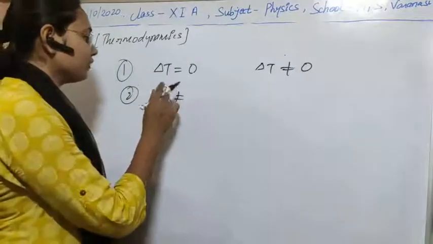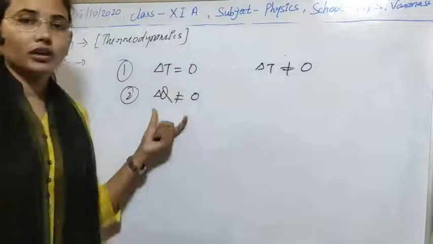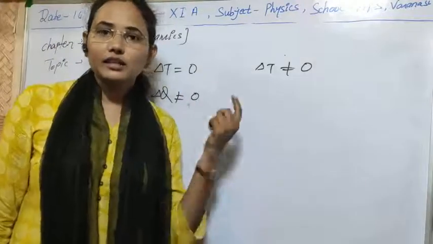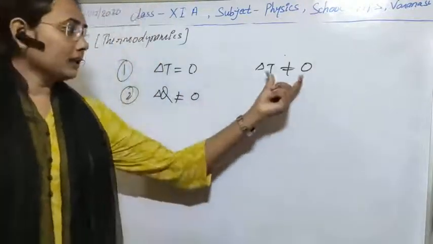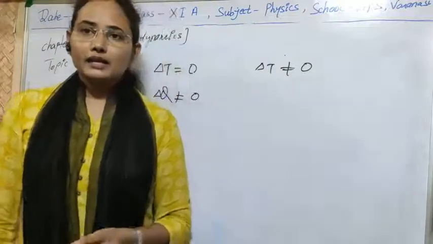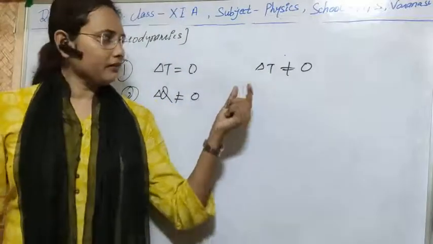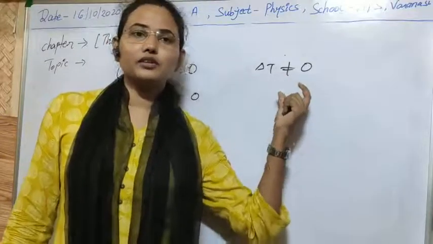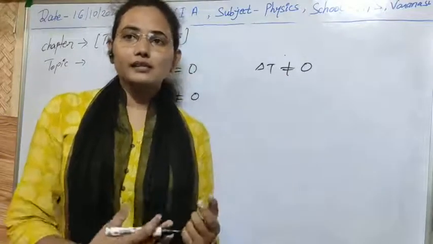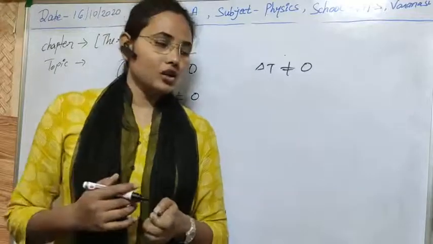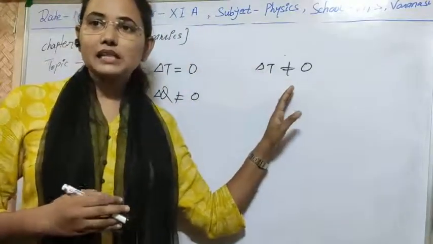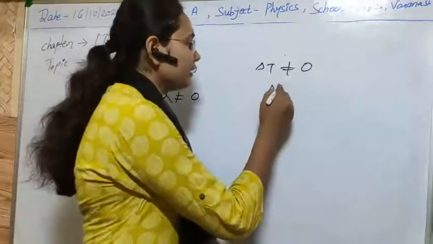So delta Q, the change in heat, will not be equal to 0 in this case, because if there is some heat transfer, then it will have some value. But in the case of adiabatic, heat is not transferred to any surrounding or any system while changing its state. So if heat is not transferring, then it means that the change in heat will be 0.